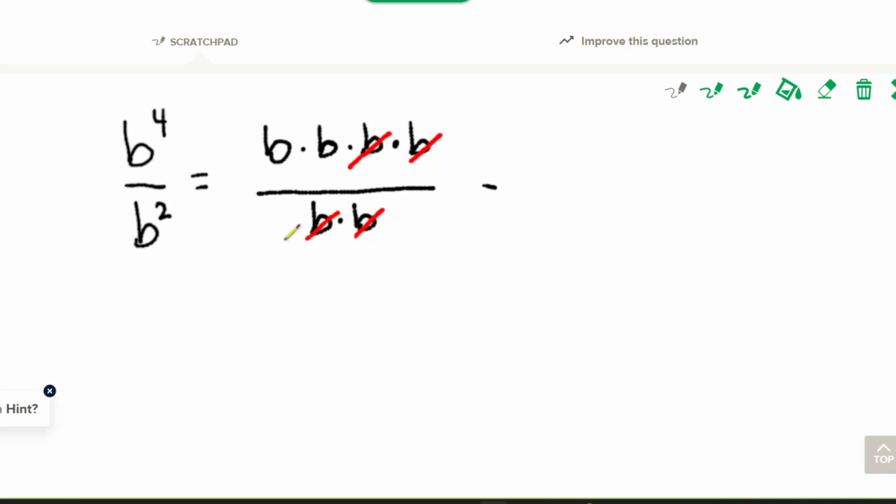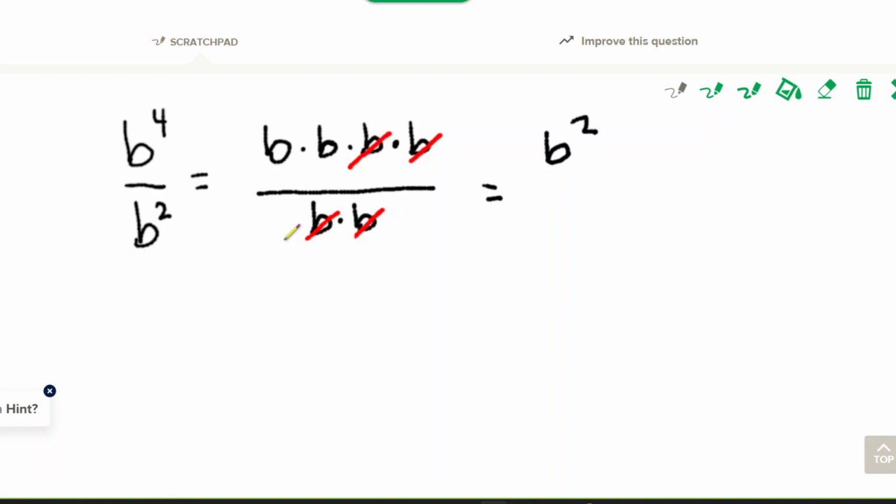And so what I'm left with now is in the numerator, we have b times b. That's just b to the second. And then the denominator, everything that I put a red cross through would become 1. So the denominator would just be 1 times 1, which is 1.